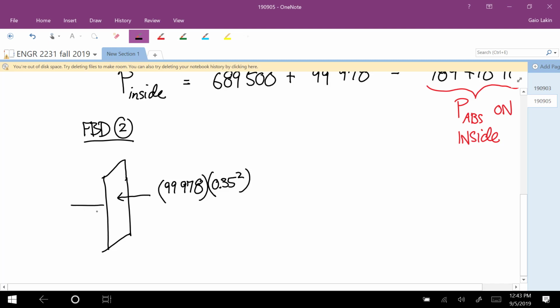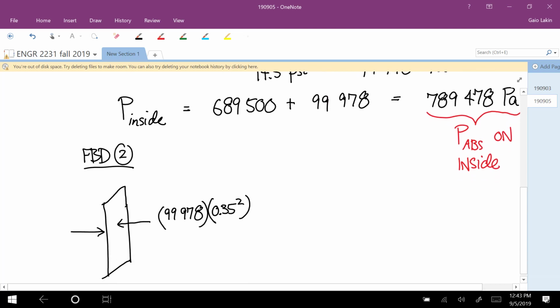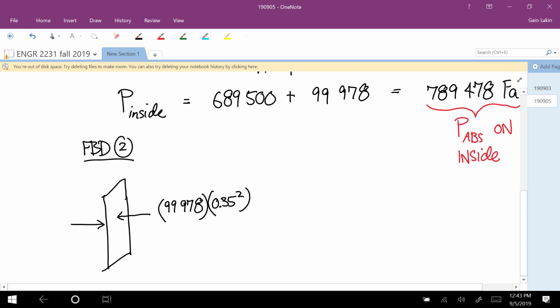And coming the other way, there's a force of 789,478 times that area.